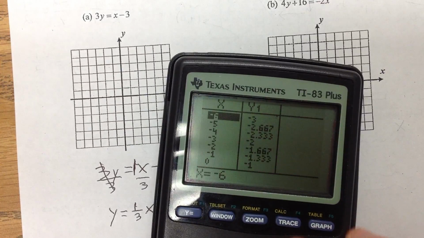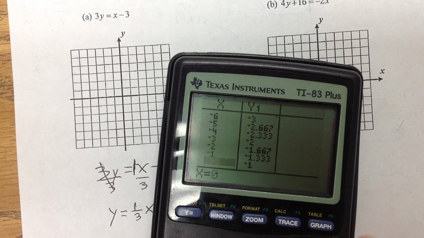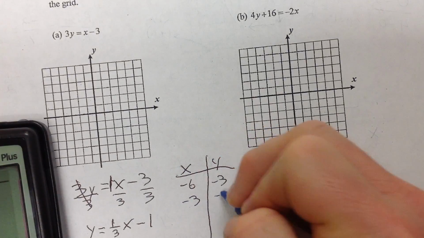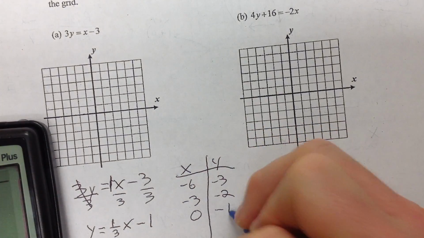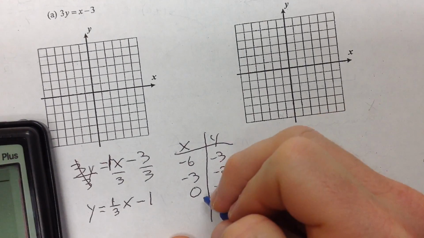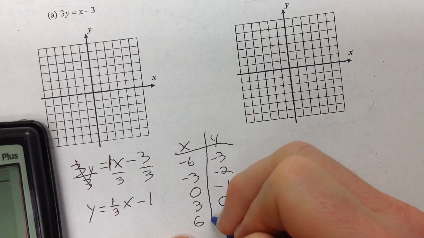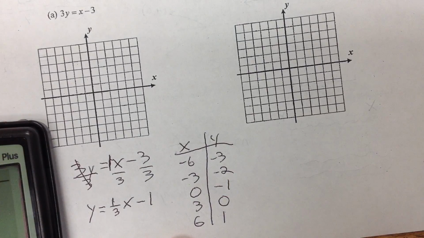Let's see, what do we have next? -3, -2. There's one. 0, -1. There's another one. And if you keep scrolling, the next one's going to be 3, 0, and then the one after that is going to be 6, 1. Okay, so you can get a whole bunch of points there.